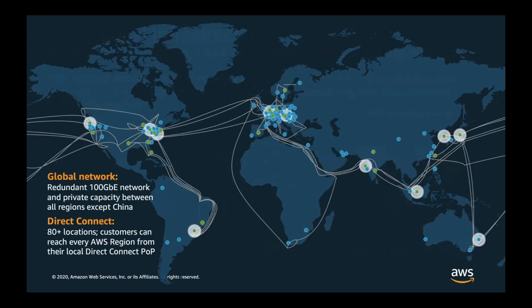And in addition to those regions, we have over 200 edge locations. These provide services such as CloudFront, our content delivery network, and also over 80 Direct Connect locations. This enables our customers to directly connect into the AWS infrastructure via direct connections at these Direct Connect locations rather than coming over the internet.